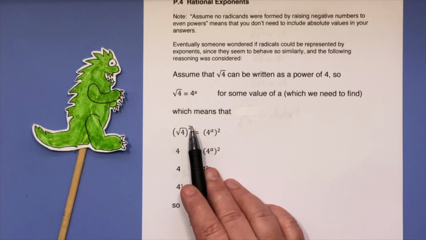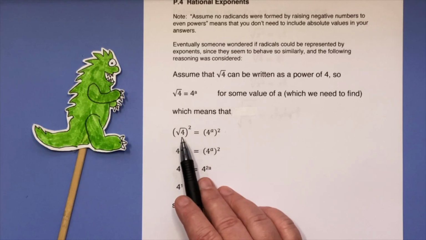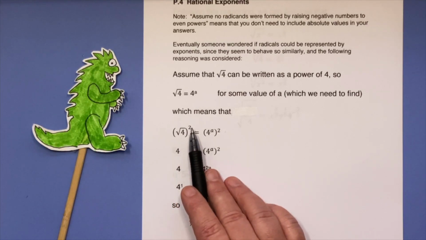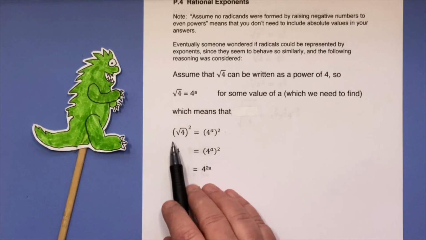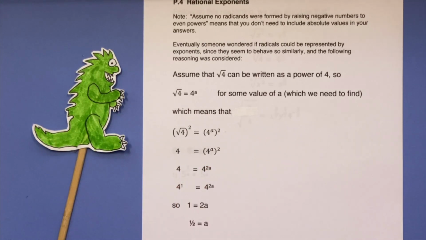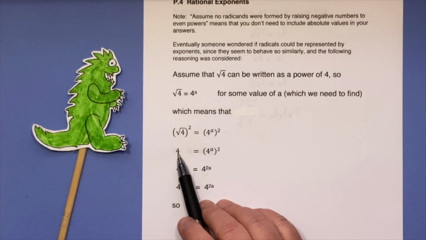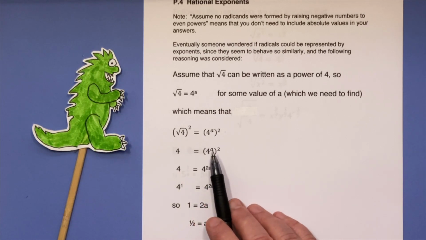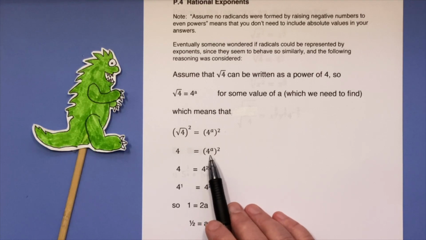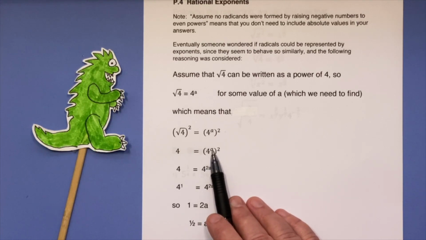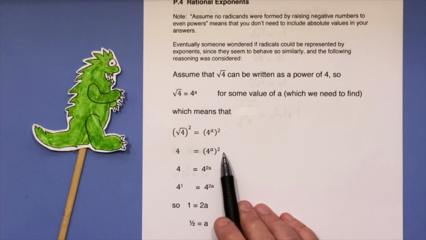Or the square root of 4 squared? Well, you can either look at it as 2, which is then squared, or you can look at it that the square root and the square undo each other. So the 4 is just left by itself. So we've got 4 on the left side. And then we've got this expression that we don't know much about, 4 raised to the power a, and the whole thing's going to be squared.